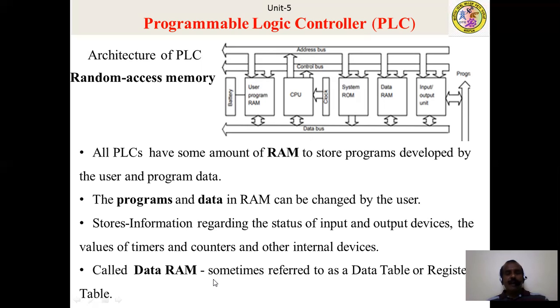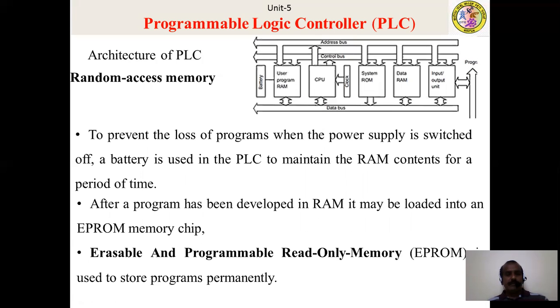So it is called data RAM, which is sometimes referred to as the data table or register table. To prevent the loss of programs when the power supply is switched off, a battery is used in the PLC to maintain the RAM contents for a period of time. After a program has been developed in the RAM, it may be loaded into the EEPROM memory chip. Erasable and programmable read-only memory is used to store the programs permanently.